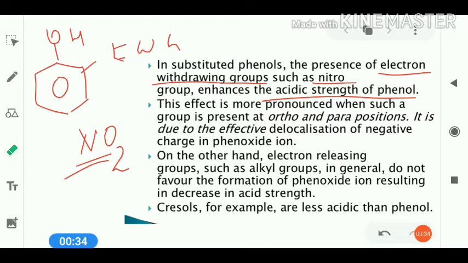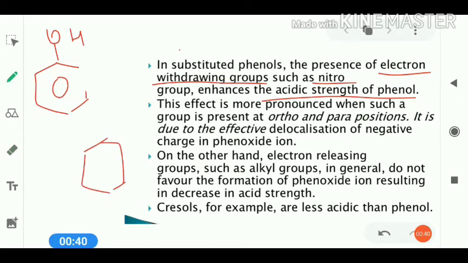So if you compare phenol and any phenol substituted with NO2, then this substituted product is more acidic as compared to phenol.